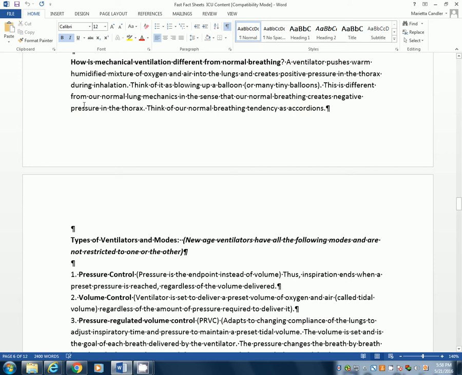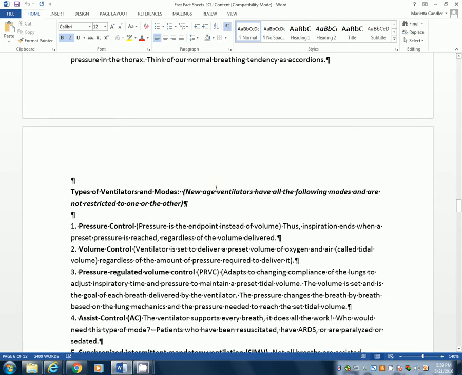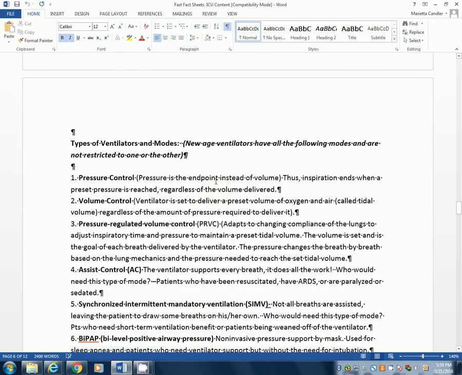This is different from our normal lung mechanics in the sense that our normal breathing creates negative pressure in the thorax. So think of your normal breathing tendencies, okay? It's kind of like accordions. That's your normal breathing tendencies. So the ventilator works to give extra pressure to help them with their breathing, and it can breathe totally for them, or it can assist with their breathing.